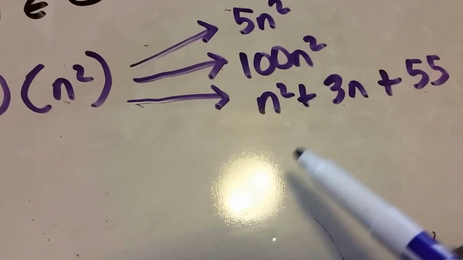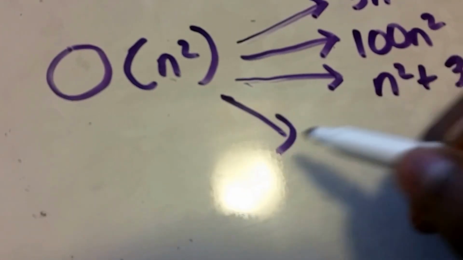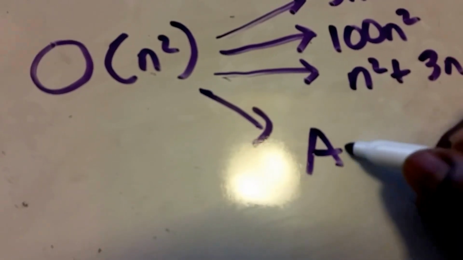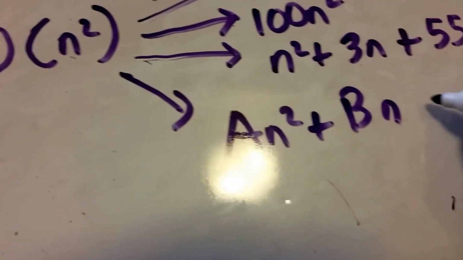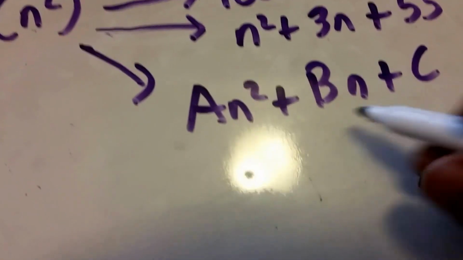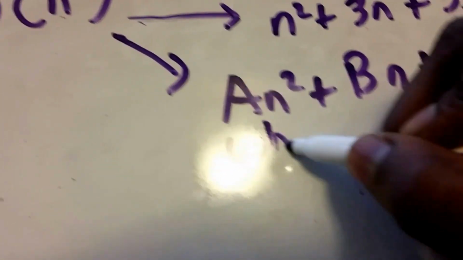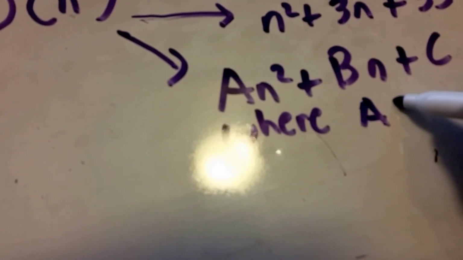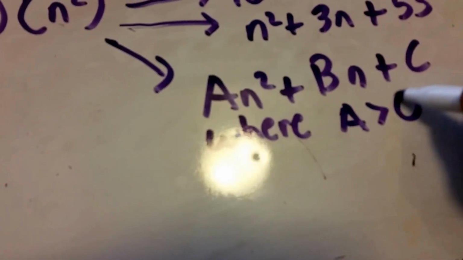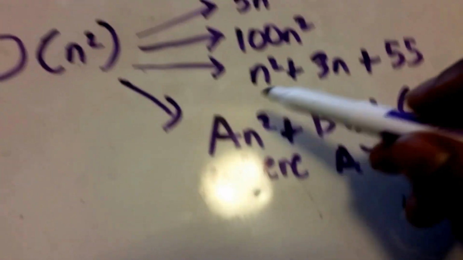I think you can kind of see where I'm going with this. So what this means is that it contains all functions in the form of a times n squared plus b times n plus c, where a is greater than 0.